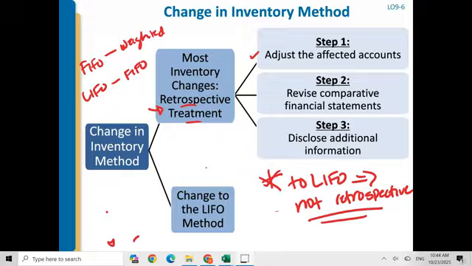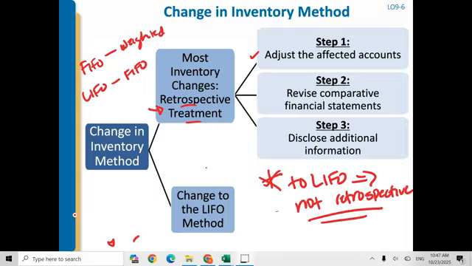And what this means is that all the previous periods' financial statements have to be revised as if the new method had been used all along. The company needs to calculate what adjustment they need to make for the affected accounts, because differences in the cost of goods sold and income in the prior years roll into retained earnings, as well as income tax effects, but we're not going to be talking about the income tax effects in this video.